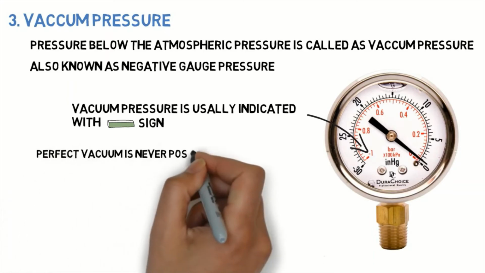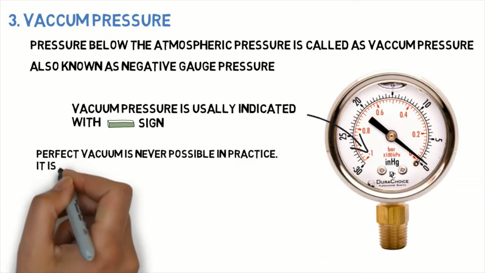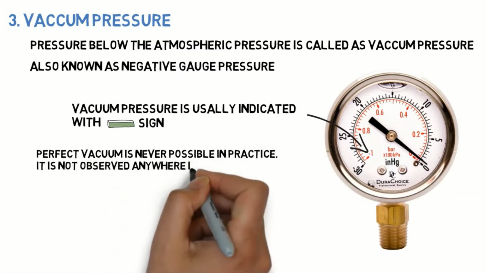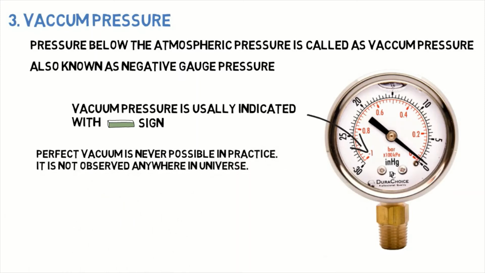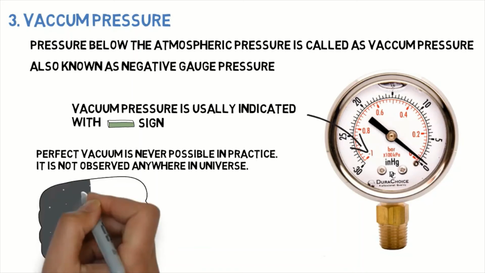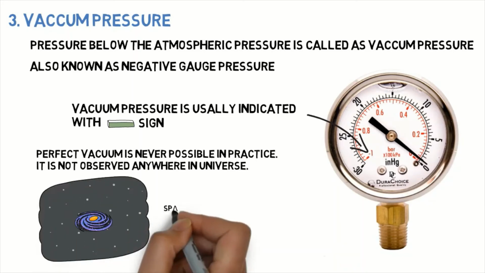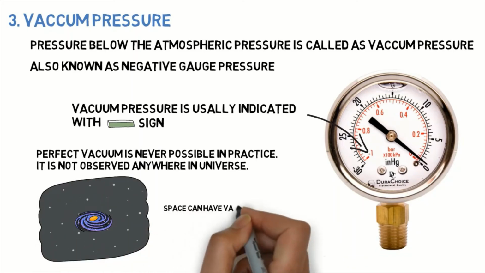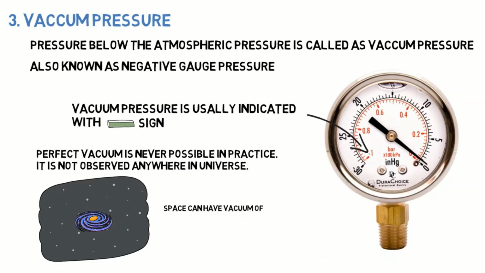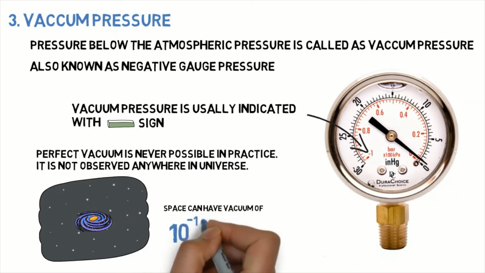Perfect vacuum is never possible in practice. It is not observed anywhere in the universe. Even space has a very low pressure, which means it is not a complete vacuum.